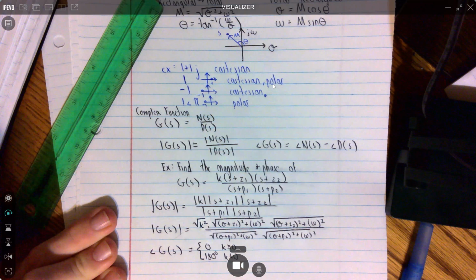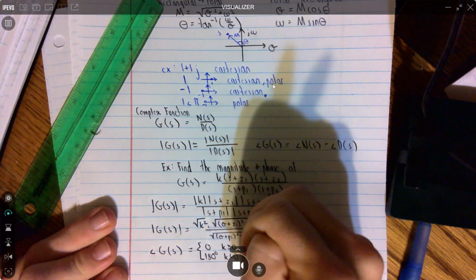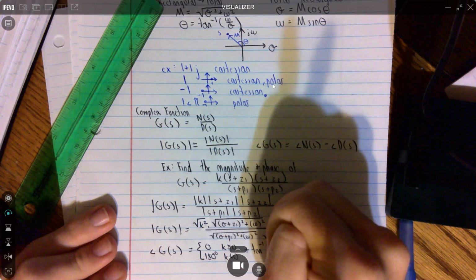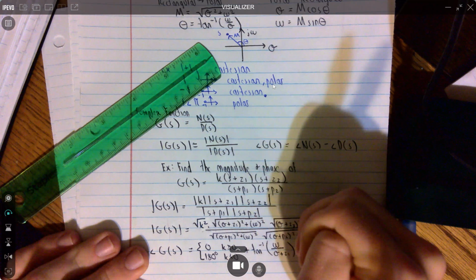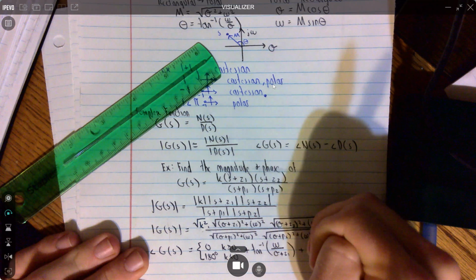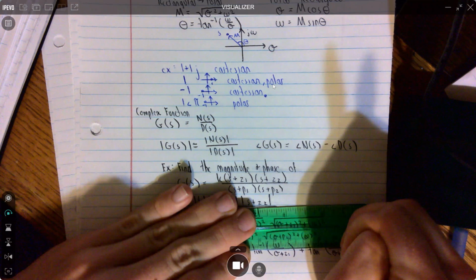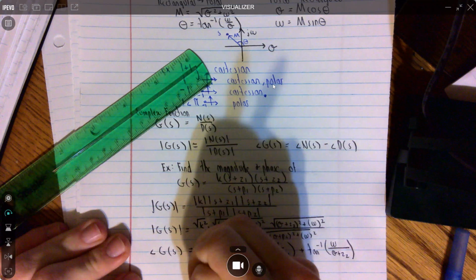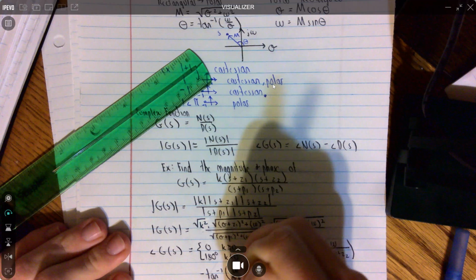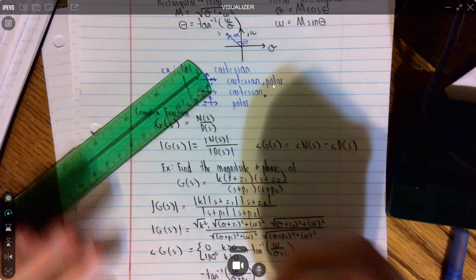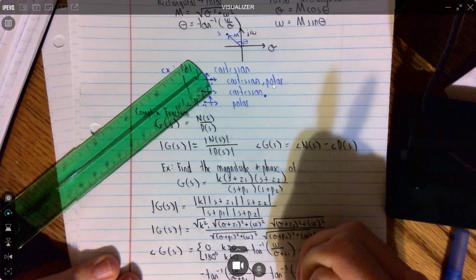And then plus, in our numerator, we're going to have tan inverse of the imaginary part omega all over sigma plus z1, and then plus tan inverse of omega all over sigma plus z2. And then in our denominator, we're going to subtract, so minus tan inverse of omega all over sigma plus p1, and minus tan inverse of omega all over sigma plus p2.